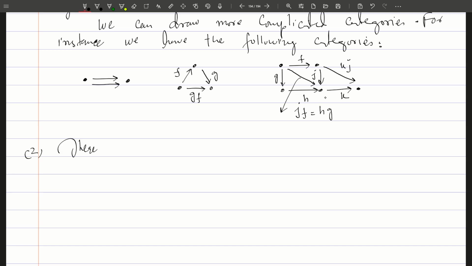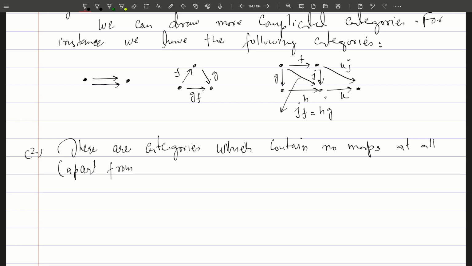There are categories which contain no maps at all, apart from the identities, because identity maps have to be there by definition. These are called discrete categories.